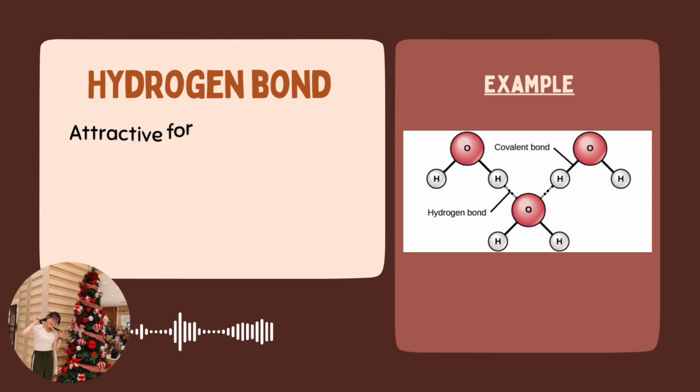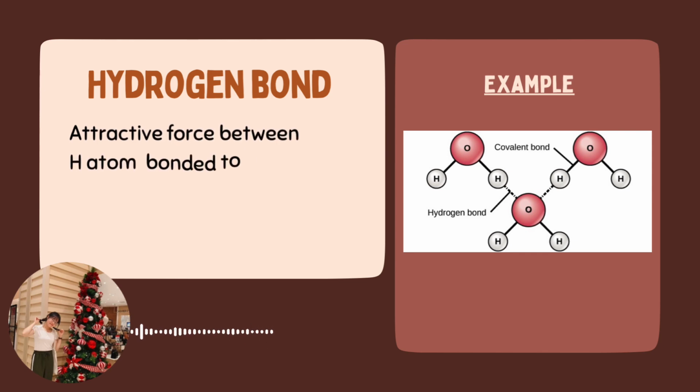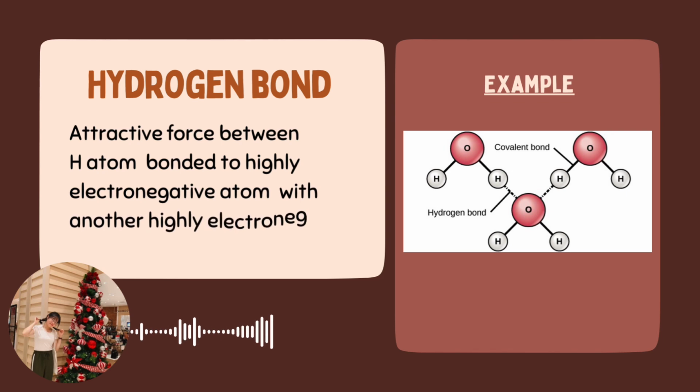Now, I'm going to talk about the hydrogen bond. Hydrogen bond is an attractive force between a hydrogen atom which is bonded to a highly electronegative atom with another highly electronegative atom. The examples of highly electronegative atoms include fluorine atom, oxygen atom, and nitrogen atom.